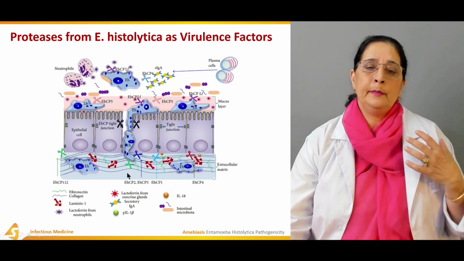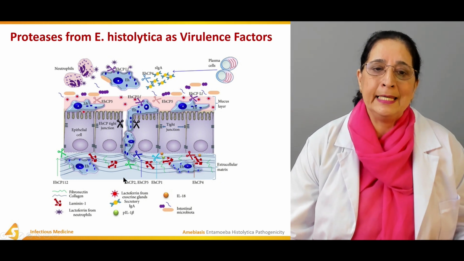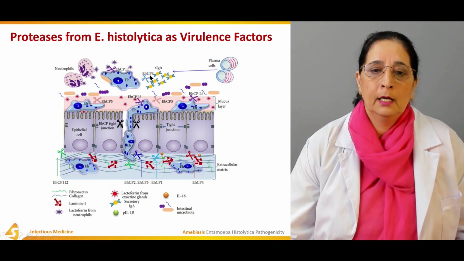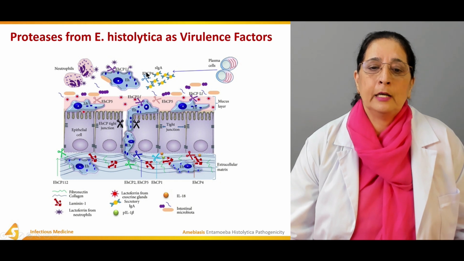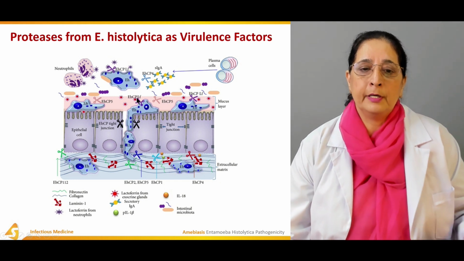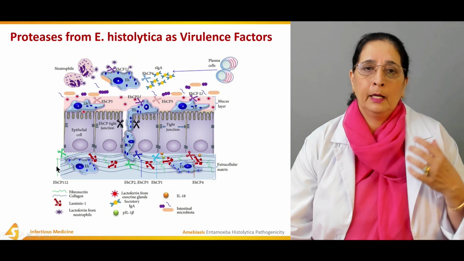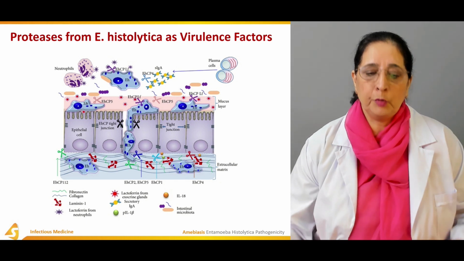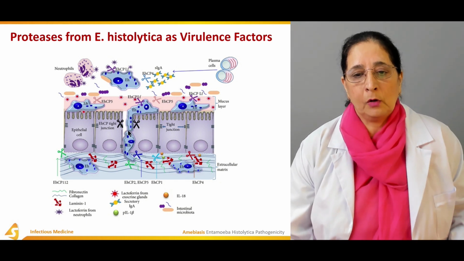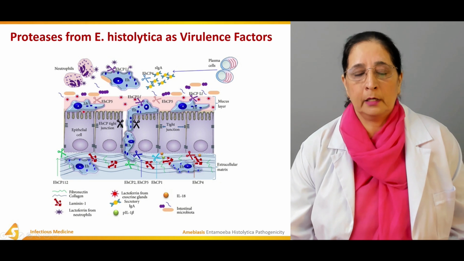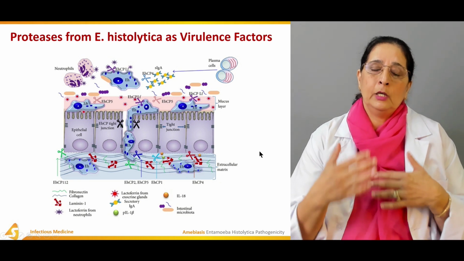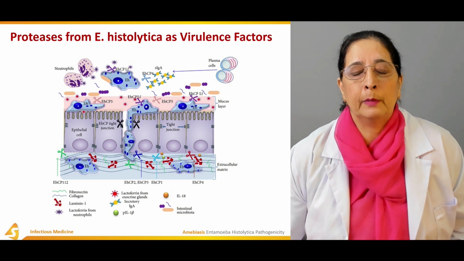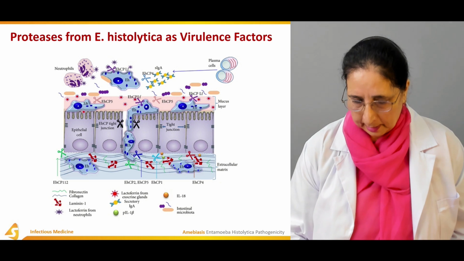So that's how the proteases released from Entamoeba histolytica can cause the inflammatory reaction, cause disruption of the tight junctions between the epithelial cells, and reach the extracellular matrix, and then the whole pathogenesis of Entamoeba histolytica can progress.